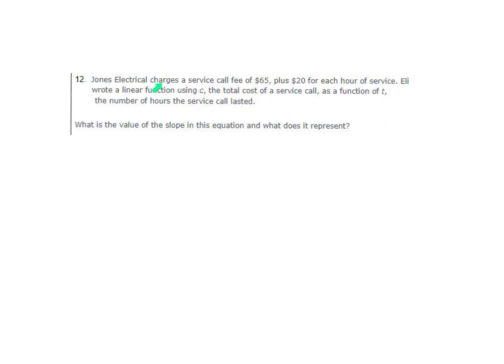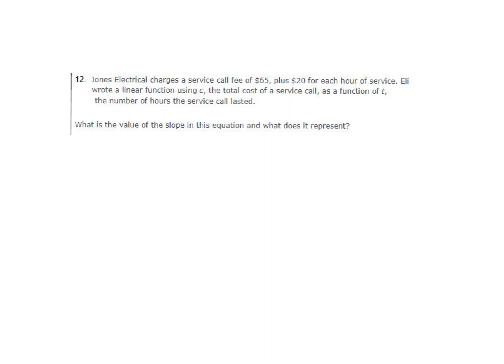Okay, so the Jones Electrical charges a service call fee of $65, so you're guaranteed to pay $65. However, there's an additional $20 based on how many hours of service. So that's our variable that's going to affect the change. That's our slope. Our rate of change is going to be $20 per hour.